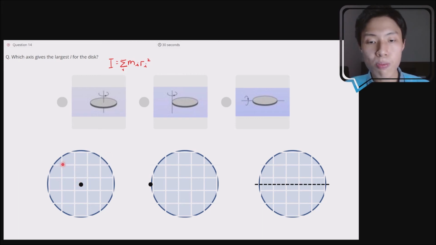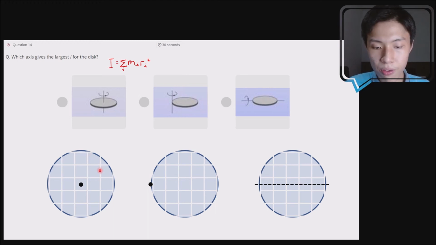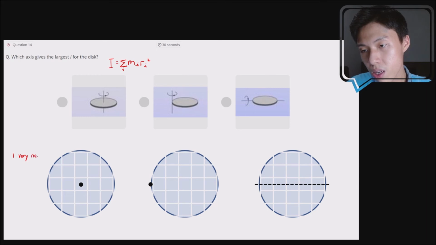If I split like this, you can see that for this situation, we have one box that is very near the axis of rotation. Next, you have 1, 2, 3, 4, 5, 6, 7, 8 boxes, which are the second nearest.